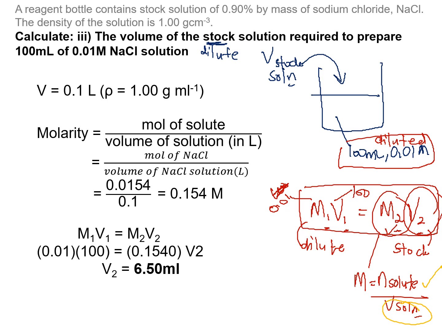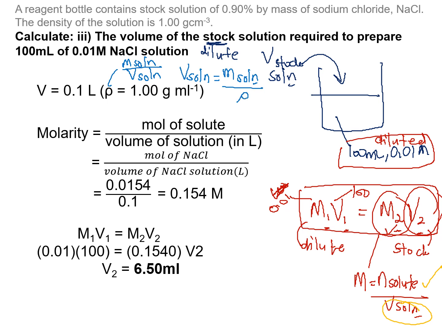Okay, the volume of solution we can find, we can get a hint through the information on density given here. It says density is equal to 1 gram per milliliter. And you know that density is equal to mass of solution divided by volume of solution. So after rearranging this equation, to find the volume of solution, it will be equal to mass of solution divided by density.